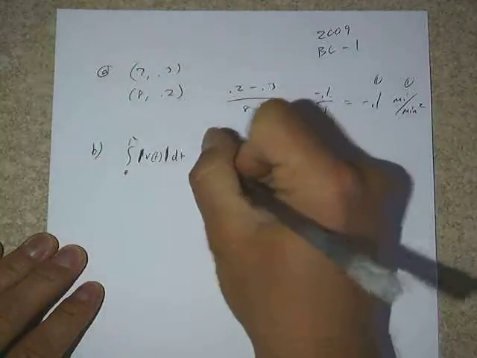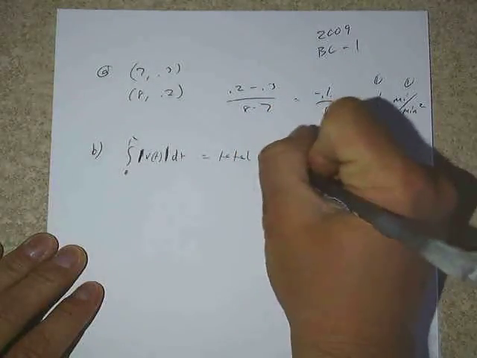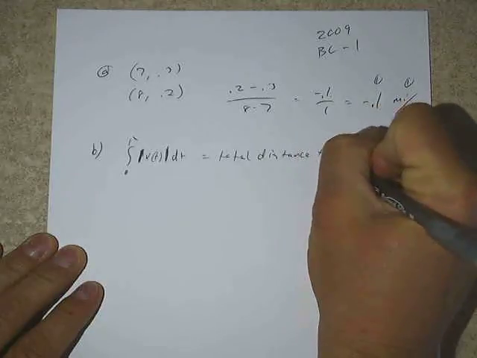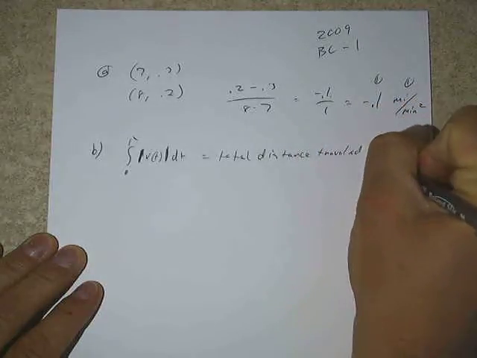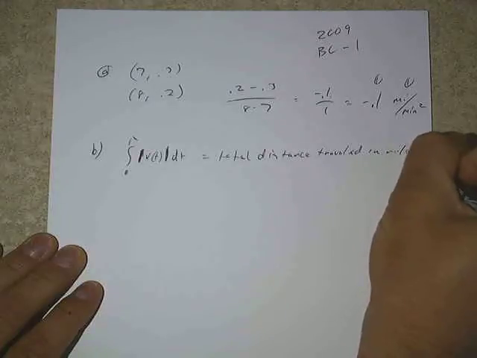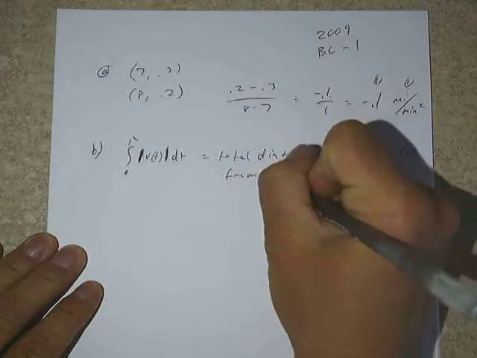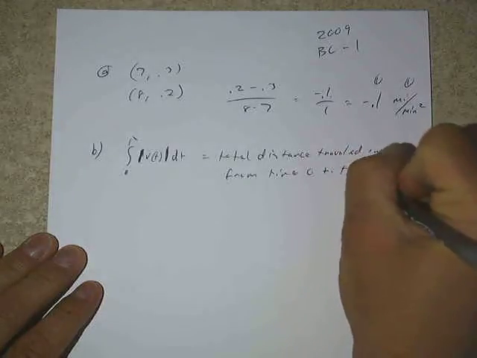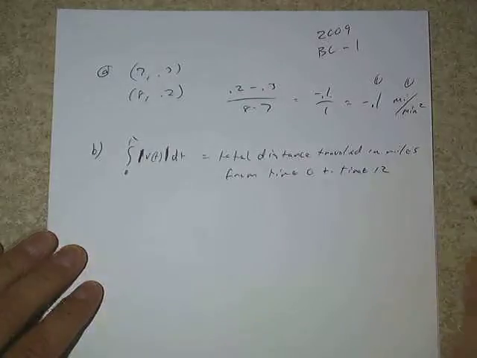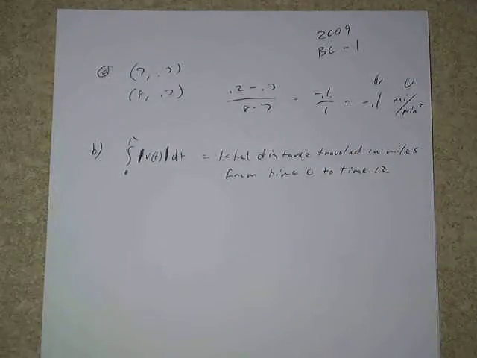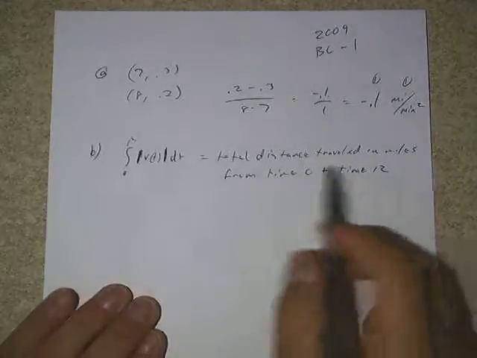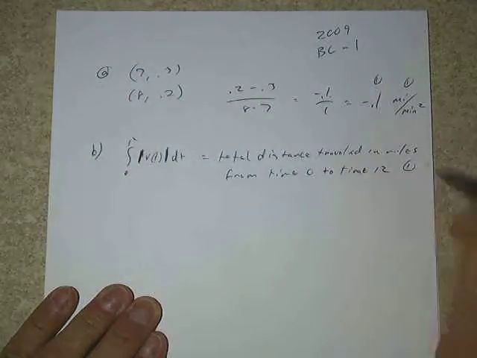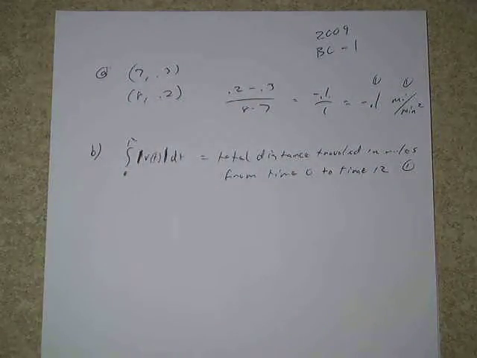Well, ultimately we know that the absolute value of the velocity, if we integrate that, we're going to get the total distance traveled in miles from time 0 to time 12. Right. So 1 point for recognizing that it's the total distance traveled in miles.